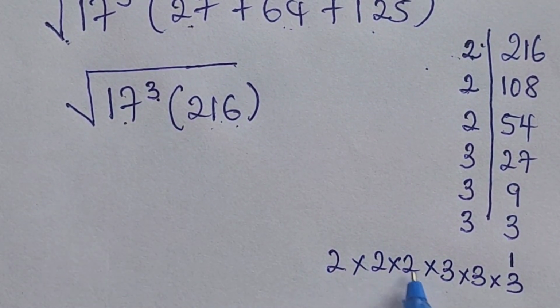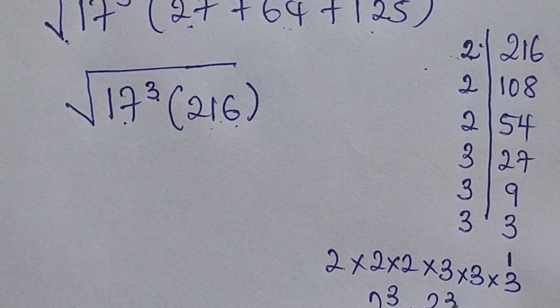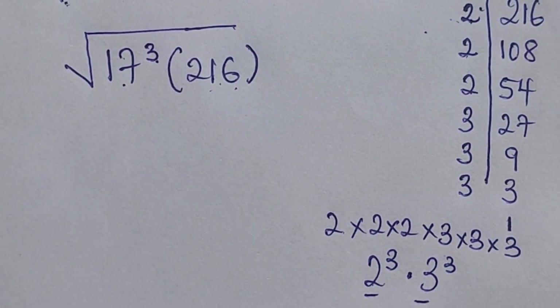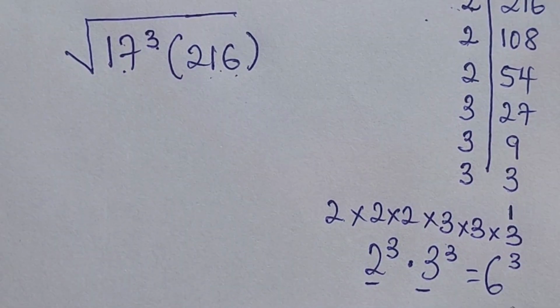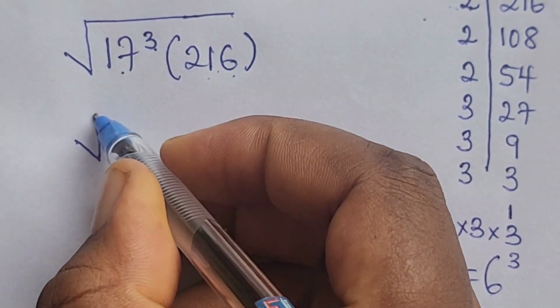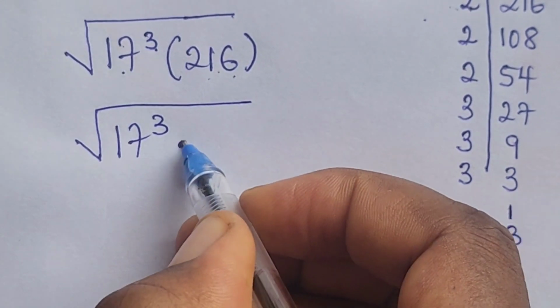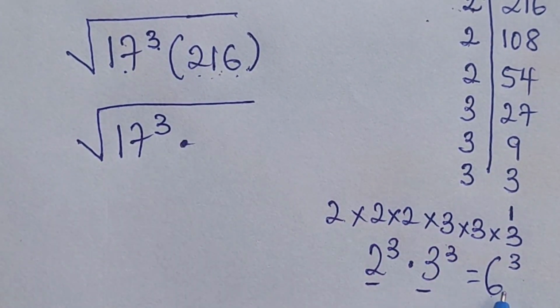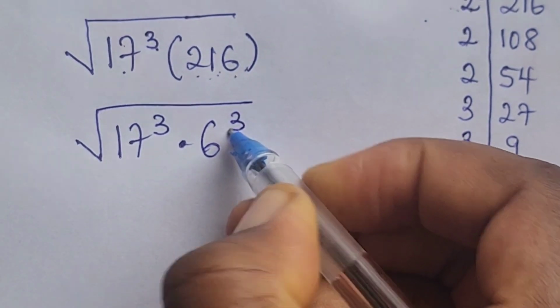We have 1, 2, 3, so 2 to the power of 3 times 3 to the power of 3. Multiplying this is equal to 6 to the power of 3. So we have 6 to the power of 3. So our root 17 to the power of 3 times our 216 is 6 to the power of 3.